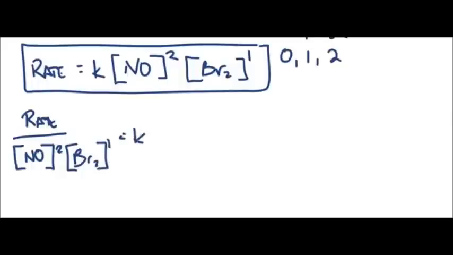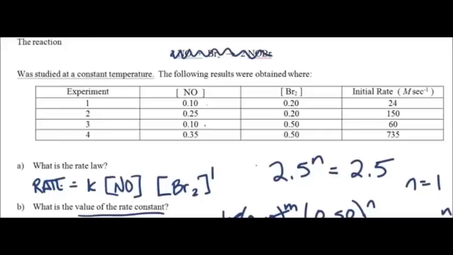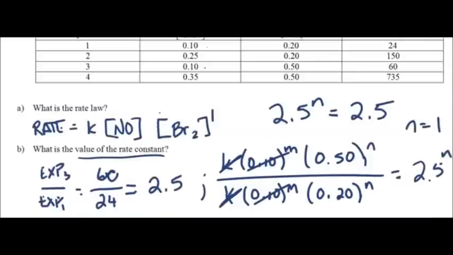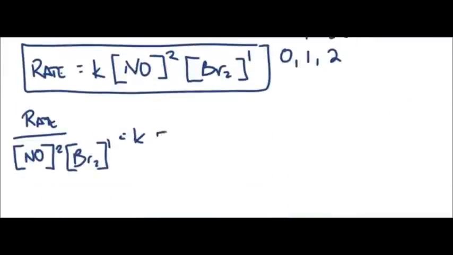And again, you get to pick which experiment you want to use. Does not matter. Again, K is going to be constant for all of these. So, which one did we use last time? 1? Yeah. Let's go with number 3. So number 3, the rate is 60 molarity per second.